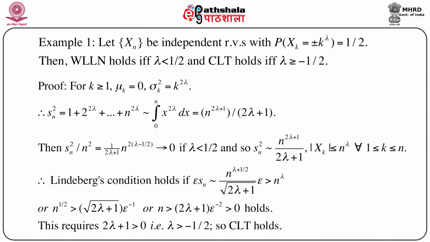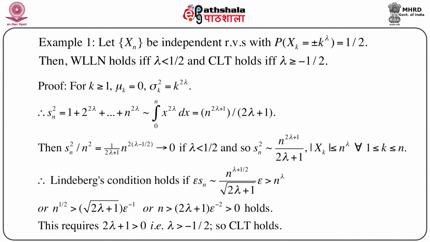So what is Sn square by n square? This equals 1 by 2 lambda plus 1 into n to the power 2 into lambda minus half. Now again, n to the power 2 into lambda minus half goes to 0 if lambda is less than half, because then the exponent would be negative.